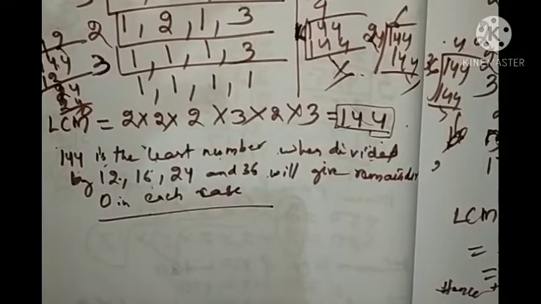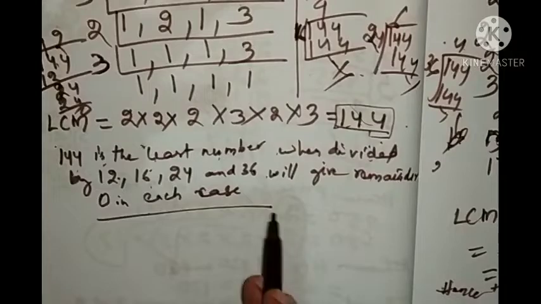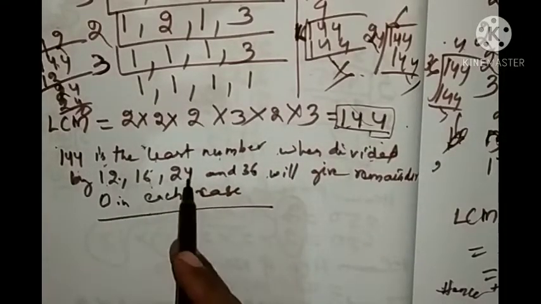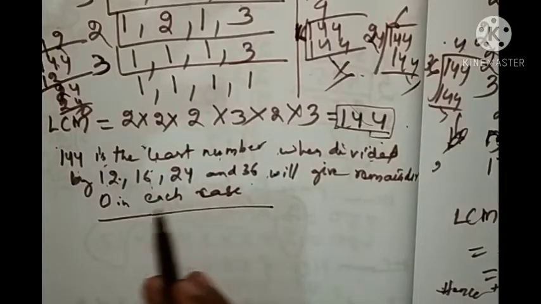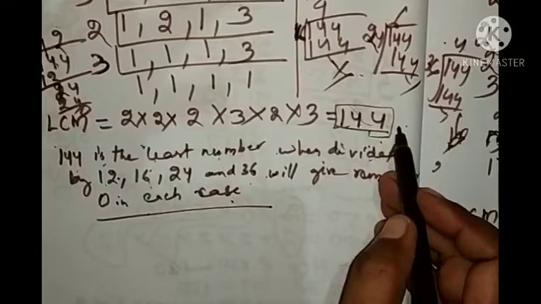So what do we need to do? We need remainder 7. So for getting that remainder, what will we do? We will add 7 to this number.